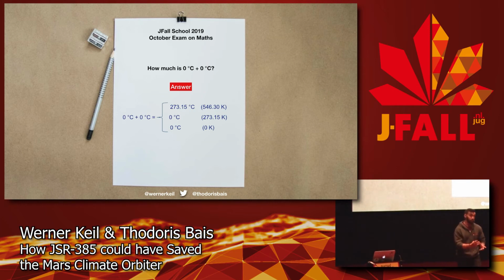On the other hand, of course, use JSR 385, which provides everything out of the box to you so that you don't even have to care about the SI system peculiarities. We'll show you later on how easy it is to use it out of the box and never try to figure out what's going to happen with the differences between Kelvin, Celsius, and all this kind of stuff.